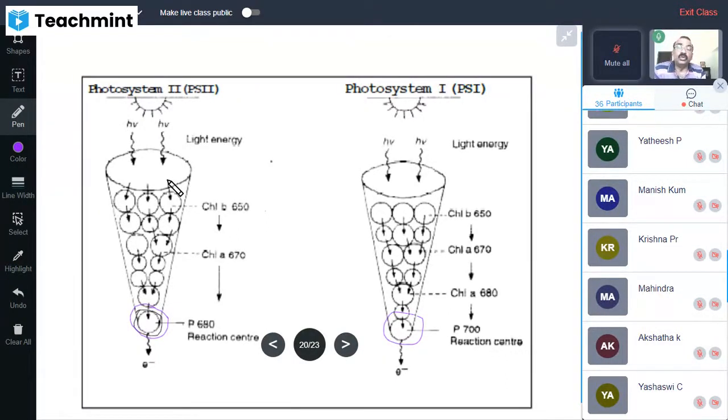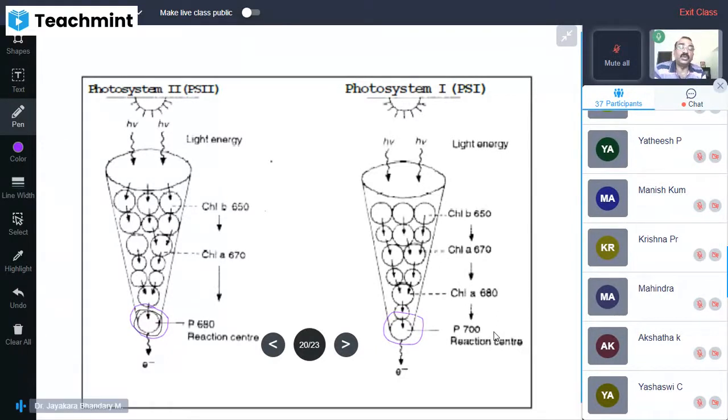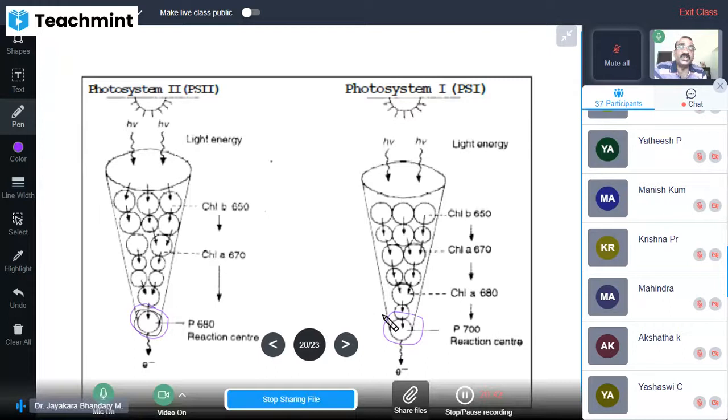Now the only difference is in photosystem 1, the chlorophyll A molecule, which is the reaction center, can absorb light of about 700 nanometer wavelength. So it can absorb light only of about 700 nanometer. So this is called chlorophyll A 700 or P700.